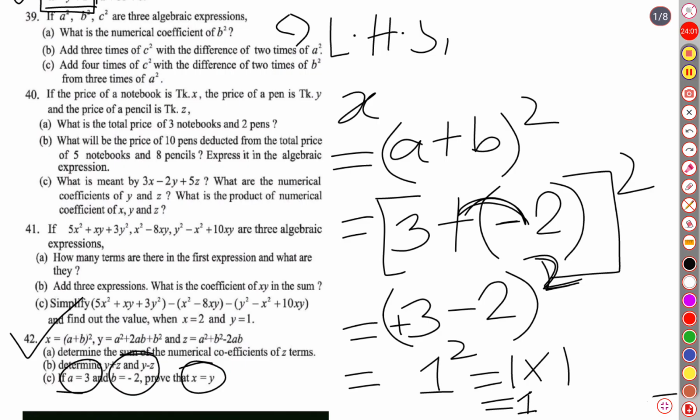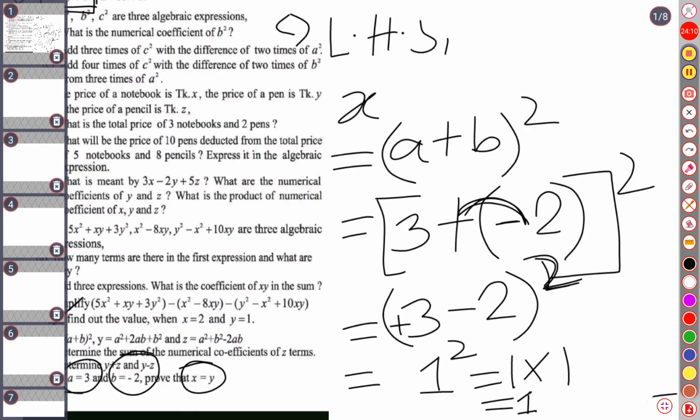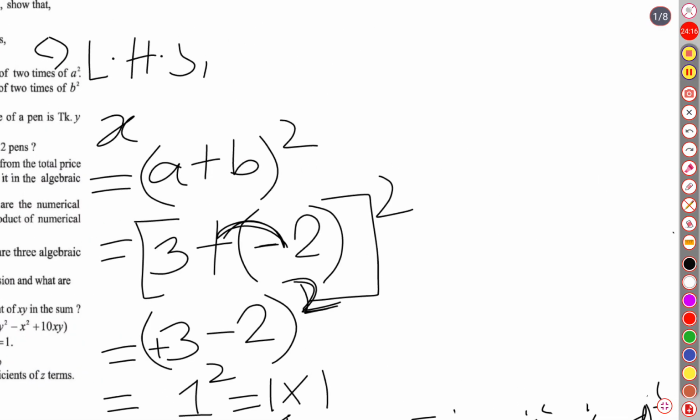Now it's time to write the right side. Right side was what? Y. Right hand side, let's write here right hand side.